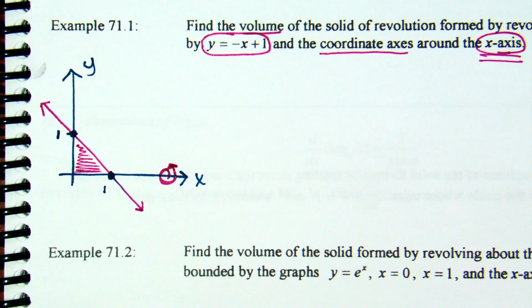Okay, so we're revolving around the x-axis, this little triangle. And this is where I struggle with drawing it, making a 3D image look good here. Can you visualize what this triangle is going to turn into if you revolve it 3D? Can you visualize a cone? Because it is a cone.